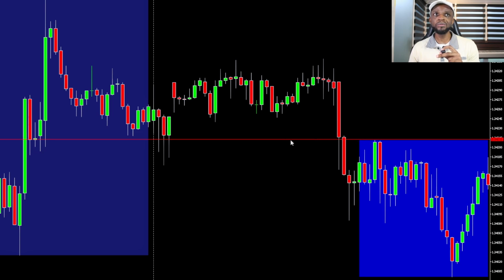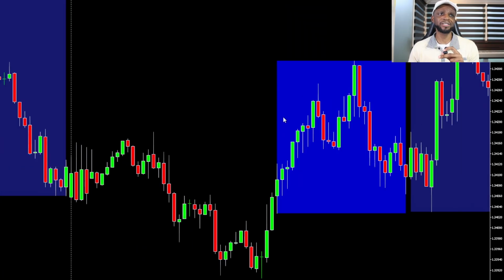That's just to show you there is something happening around the mid of the Asian session. But of course, you will not know the mid of the Asian session until the Asian session ends. So it would only be in the London session or in the New York session that you will be able to react to the mid of the Asian session.